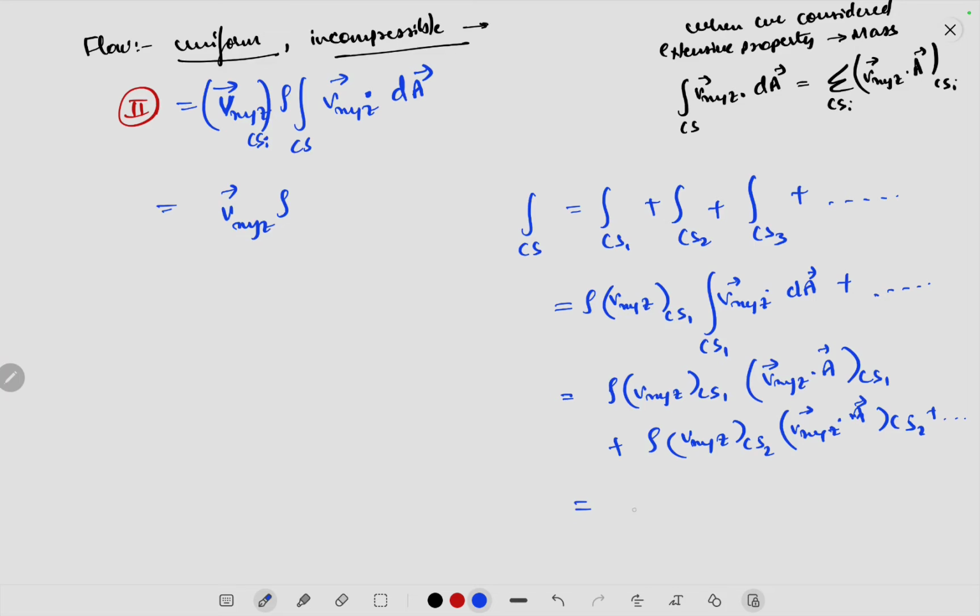So can I just write it like this: summation over csi of rho vxyz vector dot A vector on that ith control surface, right?